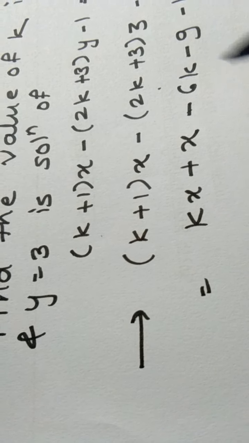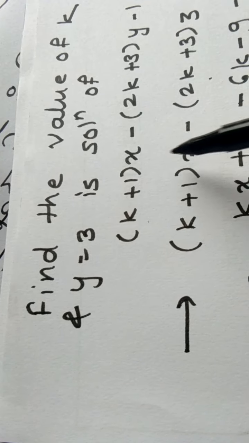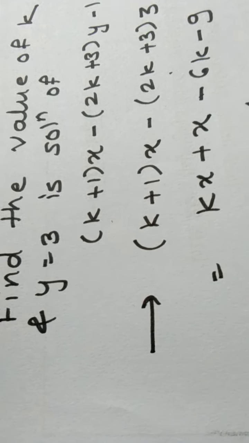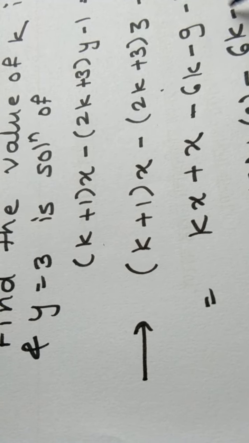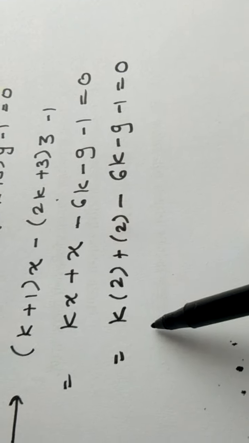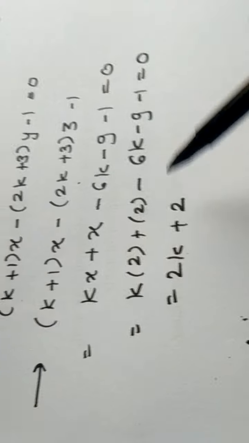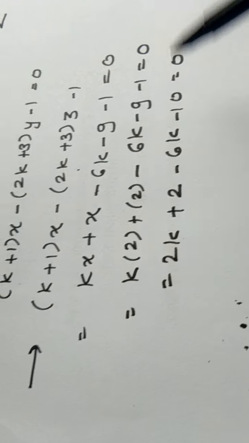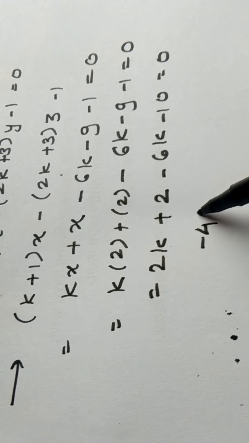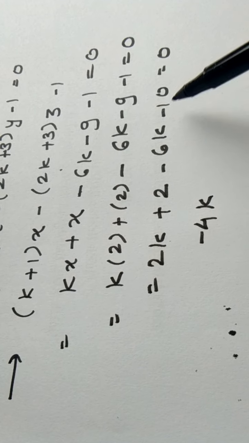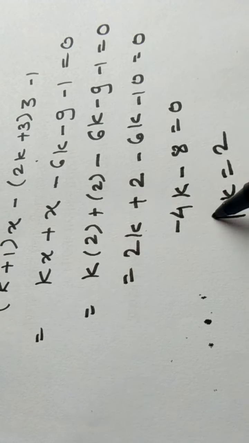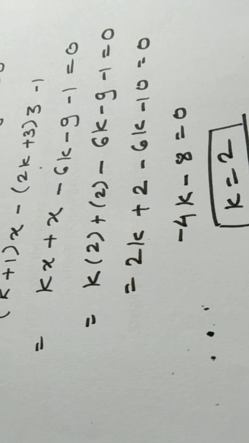Put the value of x, 2k into 2 plus 2 minus 6k minus 9 minus 1 is equal to 0. That is 2k plus 2 minus 6k minus 9 minus 1, minus 10, is equal to 0. 2k minus 6k, minus 4k, plus 2 minus 10, that is minus 8, is equal to 0. K is equal to 2. The value of k is 2.